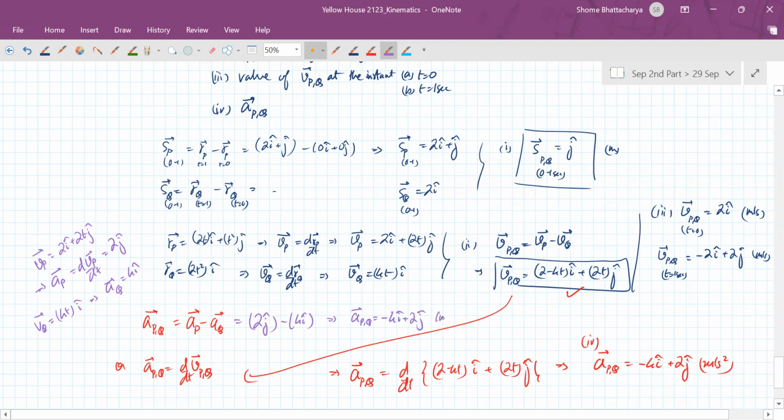So both the options are equally easy to calculate relative acceleration.